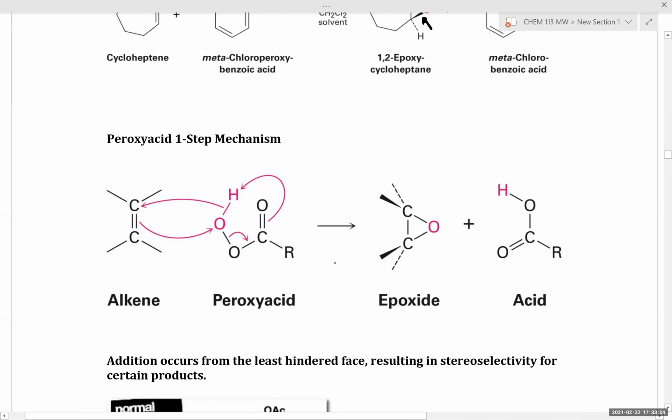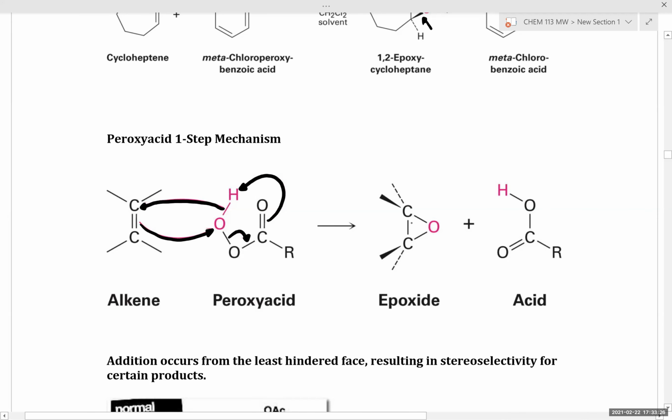This is a concerted process in which our alkene attacks our electrophilic oxygen. The oxygen-oxygen bond is broken. Then a proton is removed, and our second oxygen-carbon bond is formed.